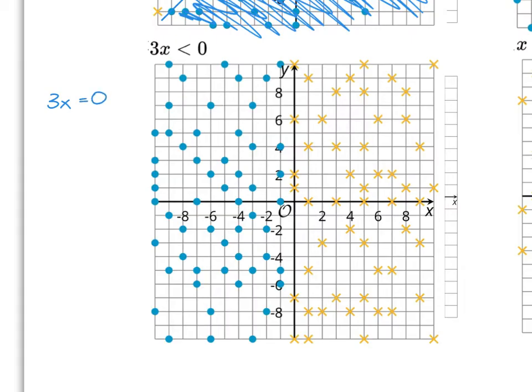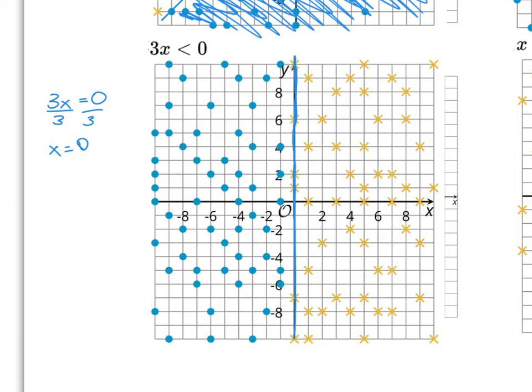What would the equation of my line be? Well, to solve this, I'm going to divide both sides by 3, and I see x is equal to 0. So that means my boundary line is going to be a vertical line through the y-axis, which is right here, right?